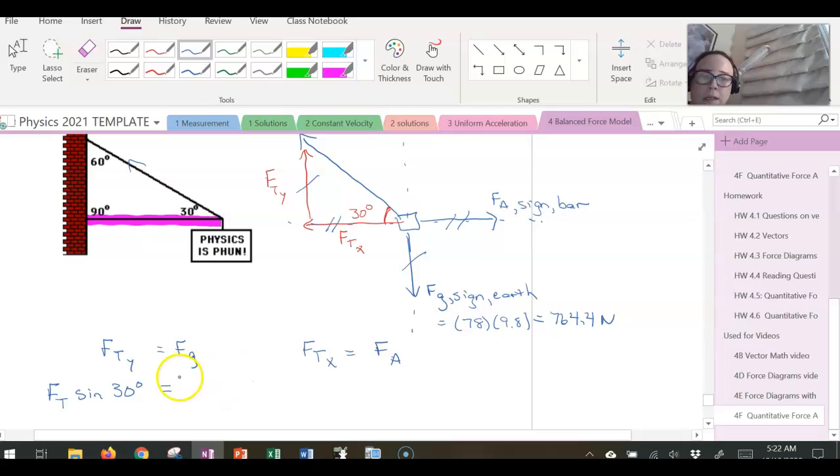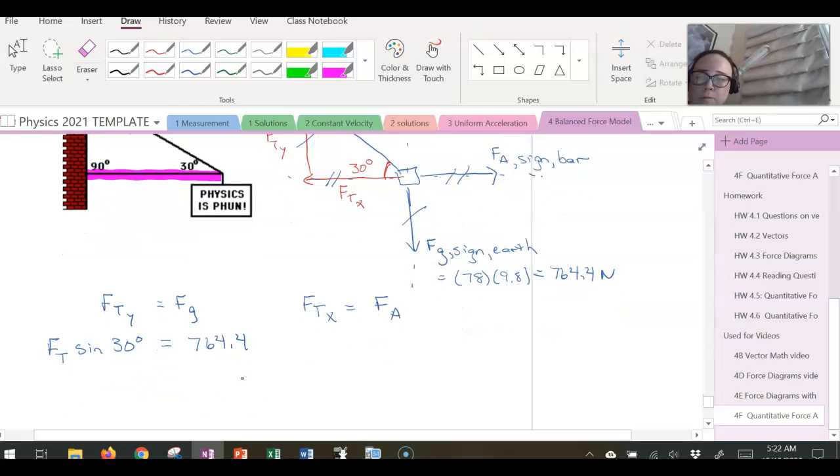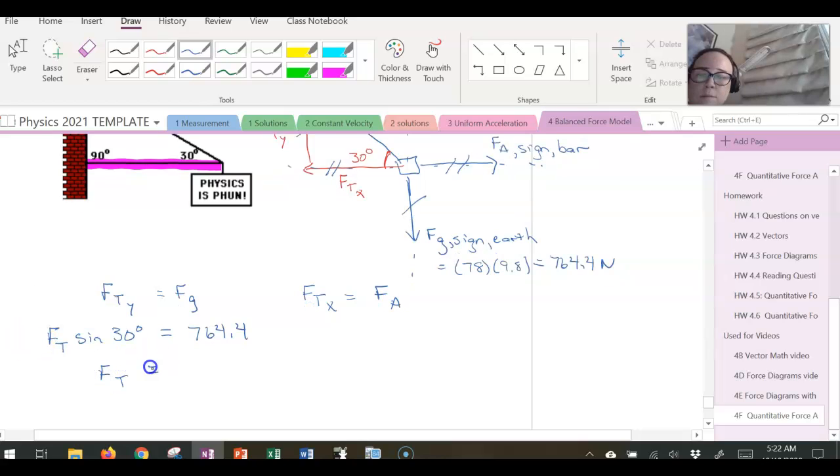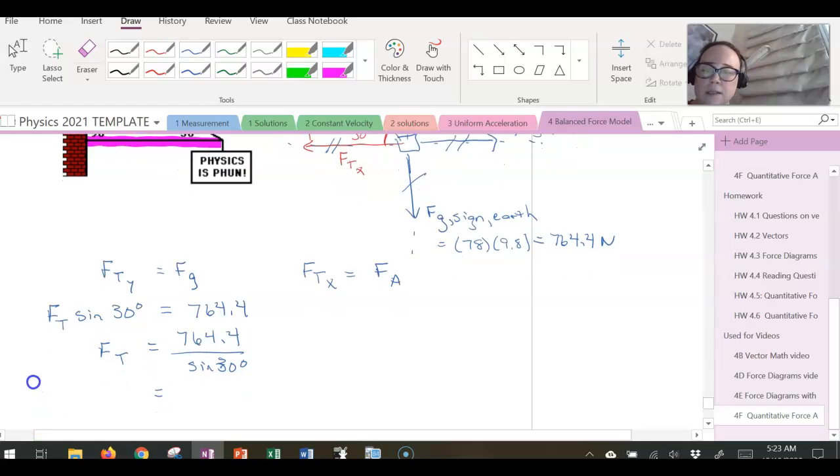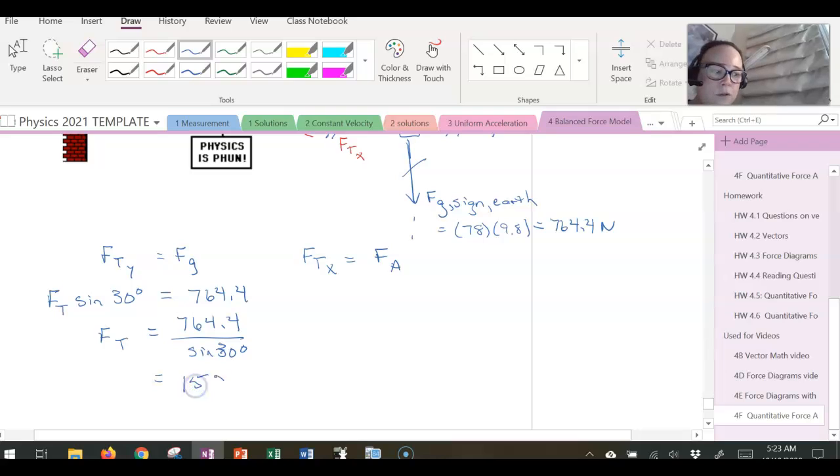And I've calculated Fg, that's 764.4. So the tension force must be 764.4 divided by the sine of 30 degrees. Let's see what that is. So that's 1,528.8 newtons.